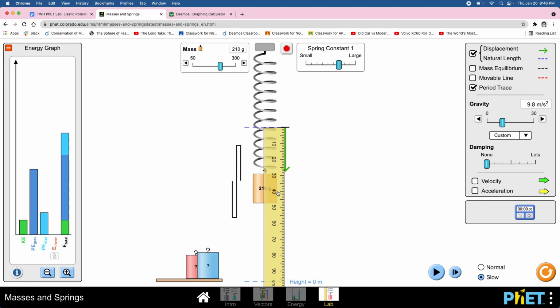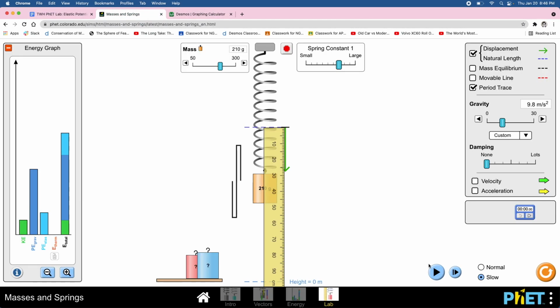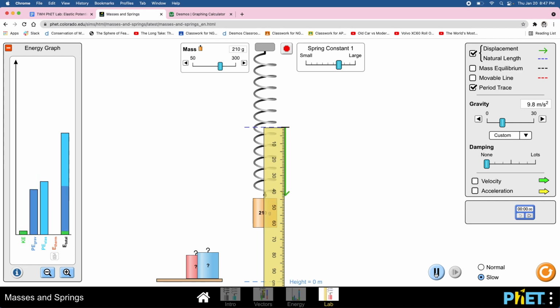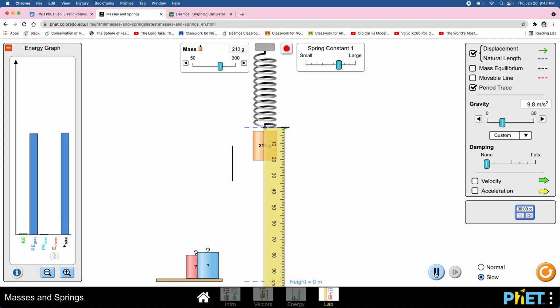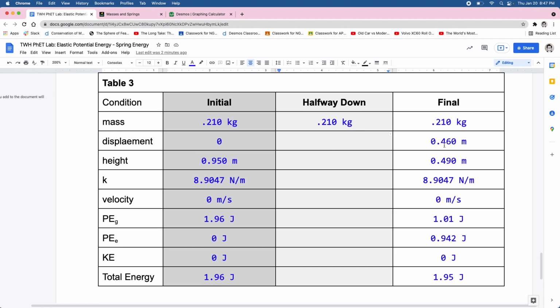No, that's not correct. Why is that not correct? That's halfway down. Okay. All right, so if the final displacement is 46 centimeters, then I know that halfway down its displacement is going to be 0.230 meters.